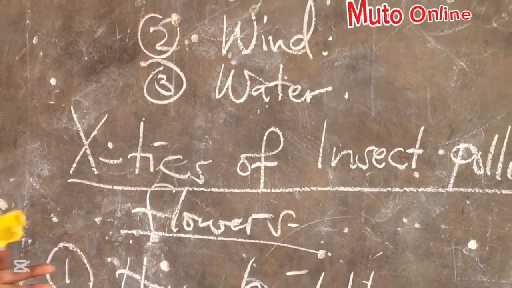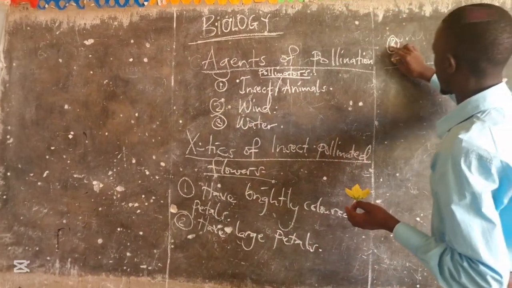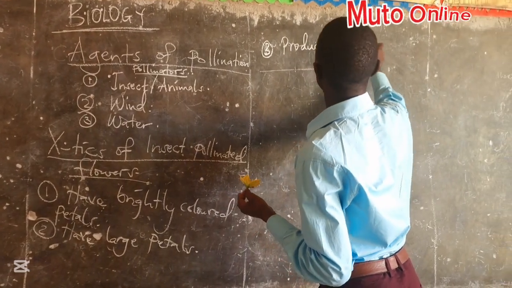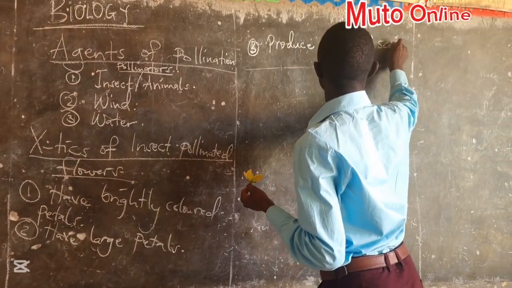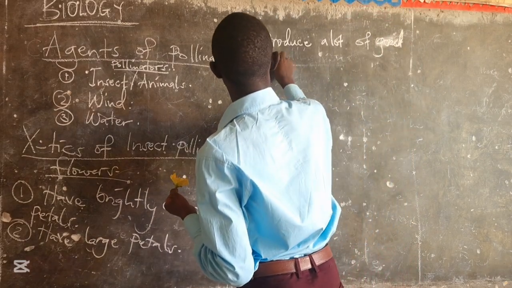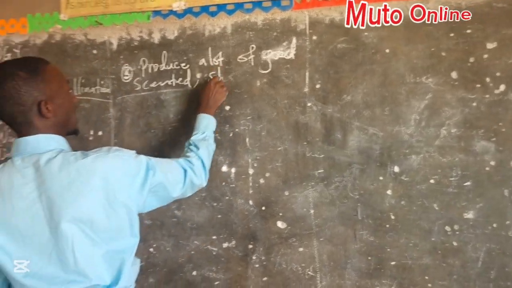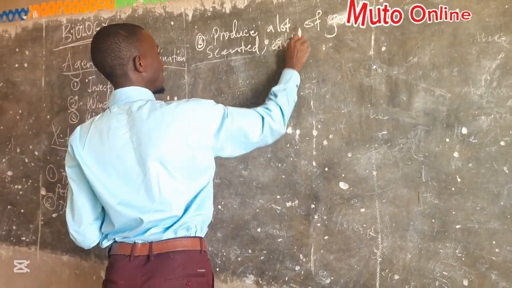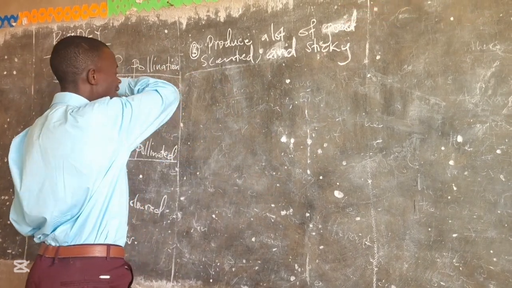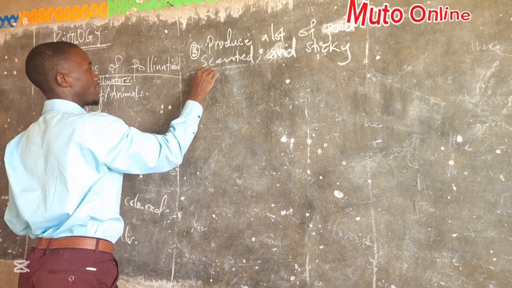The insect pollinated flowers we are talking about produce a lot of good scented and sticky pollen grains.